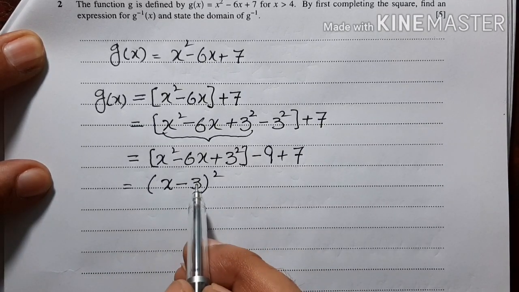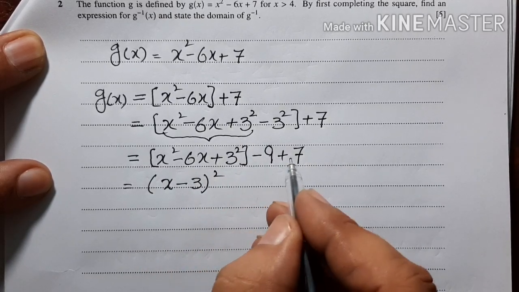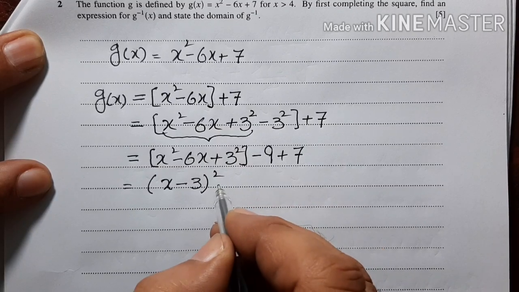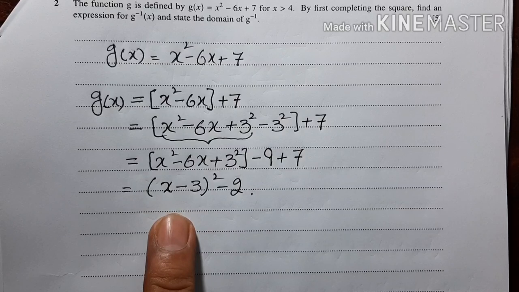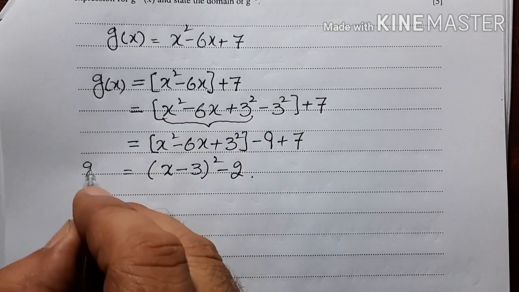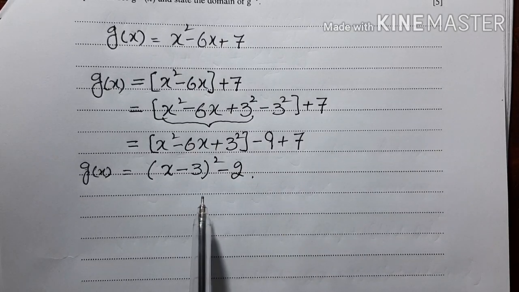If you open (a − b)², you will get this. So minus 9 plus 7 is minus 2. So this is the completing square form. I have converted g(x) into the completing square form.